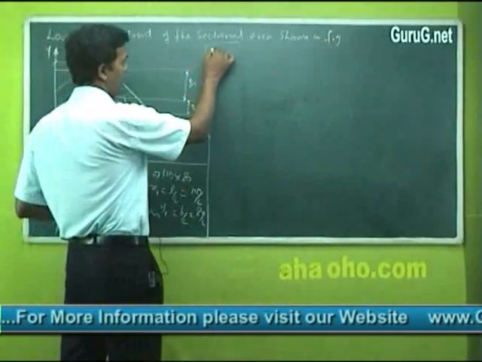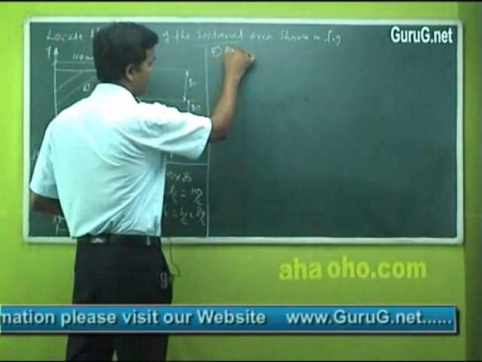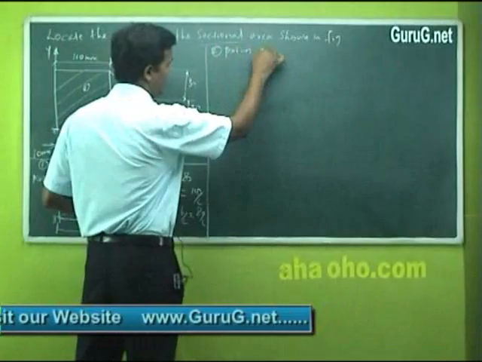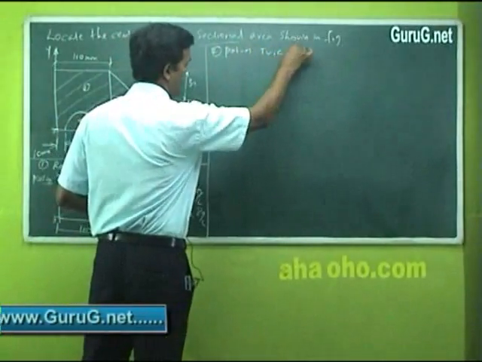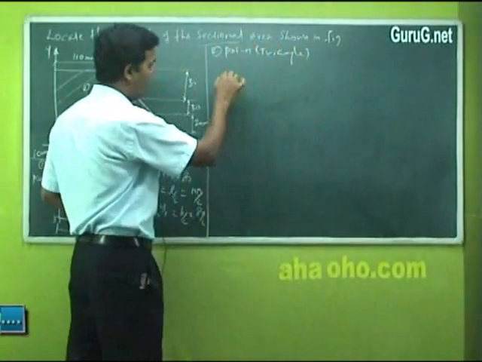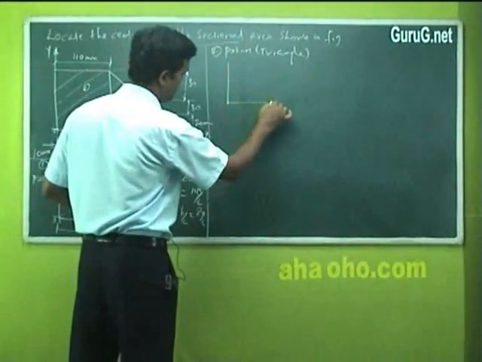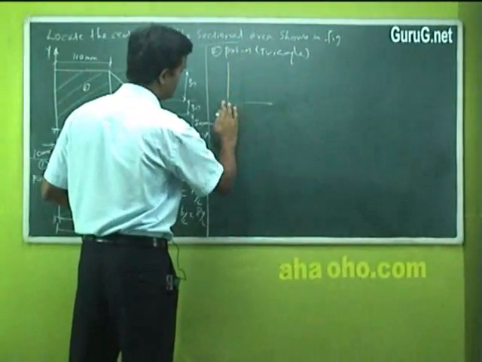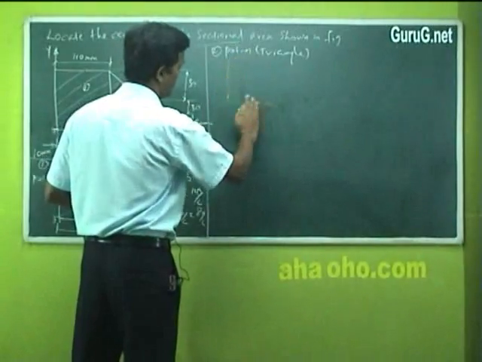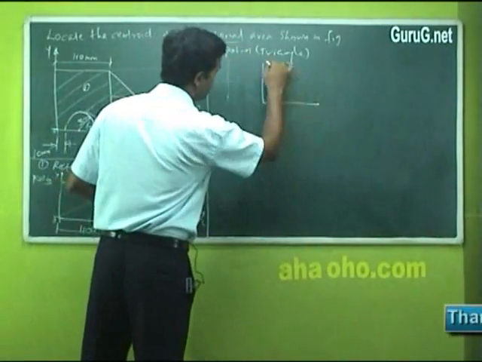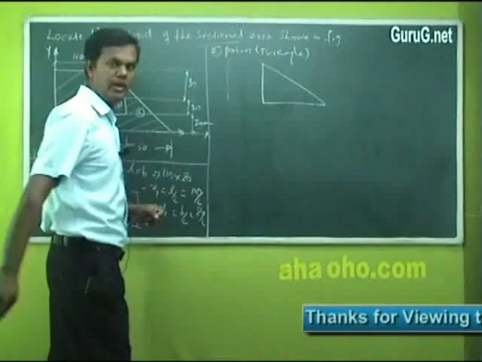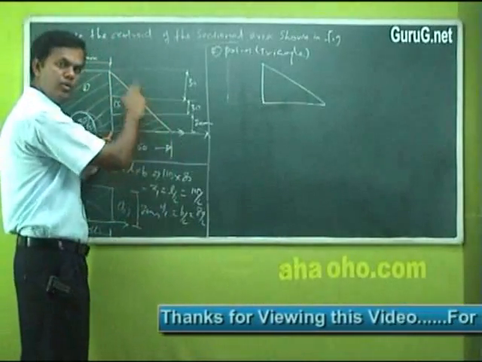A triangle. Second portion, a triangle. Again, you write the sketch separately. Okay, a triangle. What is this triangle alone?